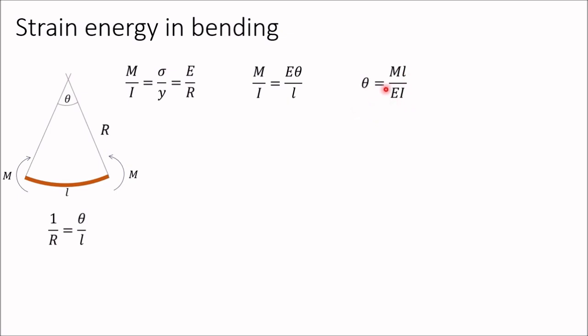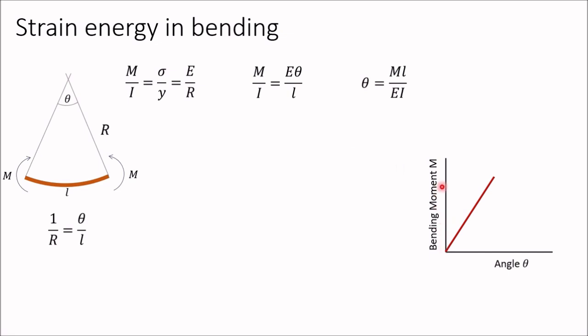Now in this equation, you can see that the length of the beam, Young's modulus of the beam material, and moment of inertia of the cross section of this beam, these three elements are constant, and therefore theta is directly proportional to M. So if you plot applied bending moment and theta in a graph, you will get a plot like this.